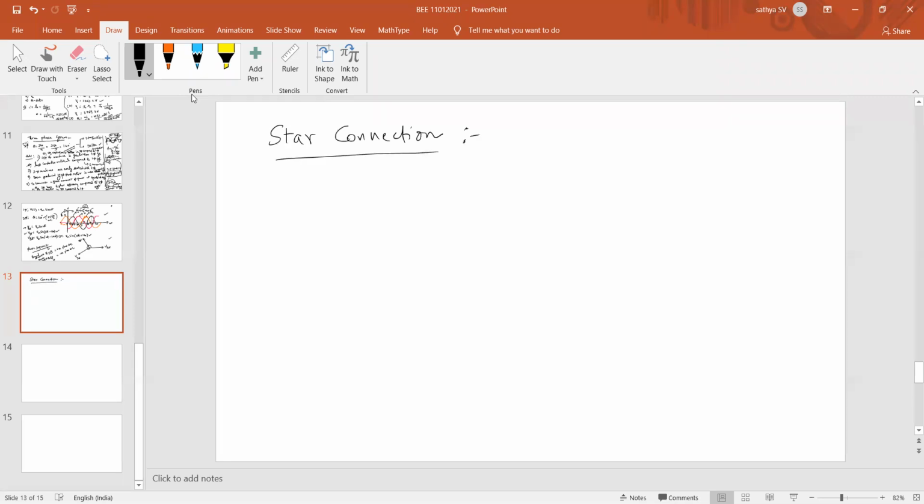Note down the first point. Star means joining the initial ends or the terminal ends of the three windings together and connecting the remaining ends to the load.